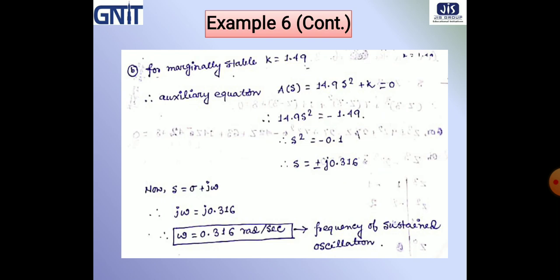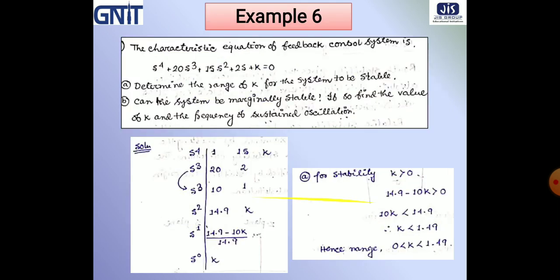Now for the marginally stable case, that means the highest value of k, that is k is equal to 1.49, if you put that, then this row becomes 0. Now we already said in our special case that if any row of a system becomes 0, then the system is marginally stable.